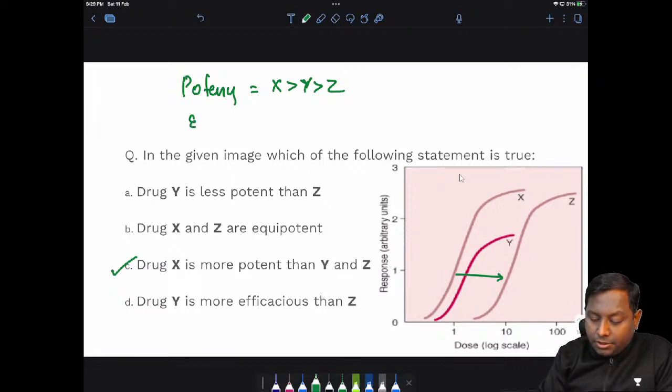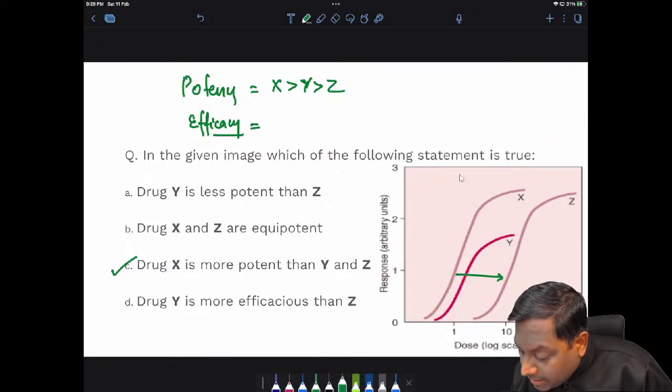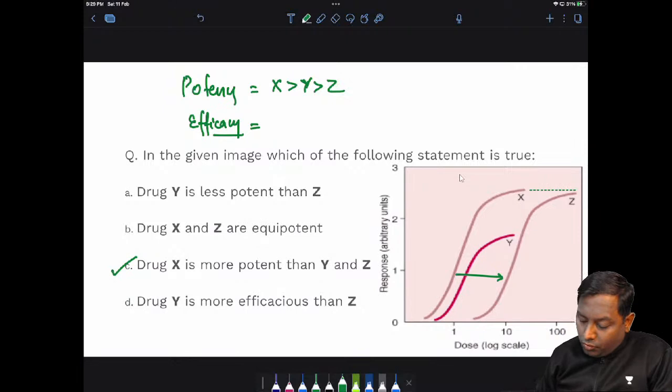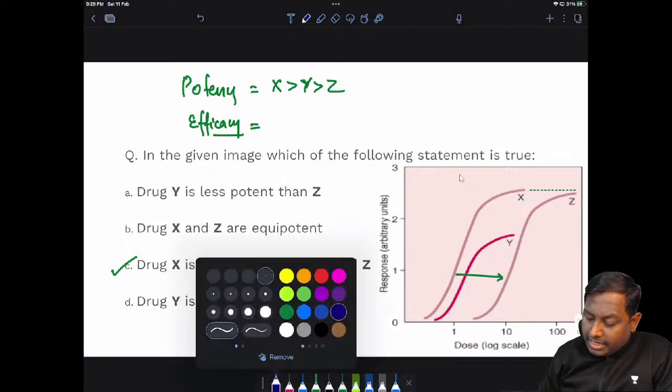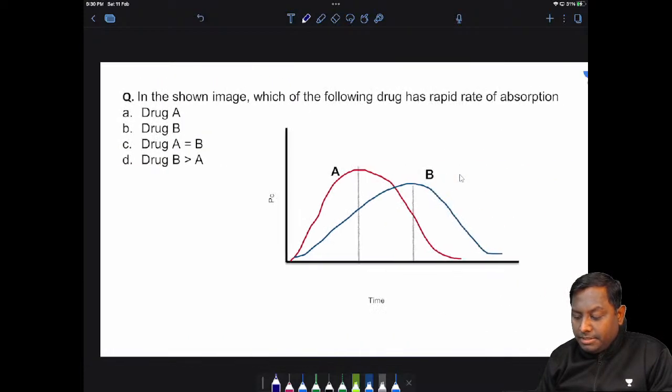And for efficacy, if you compare X and Z, the line almost intersects. So we can actually say that X and Z are equi-efficacious, followed by Y. So I think the basic concept remains the same.